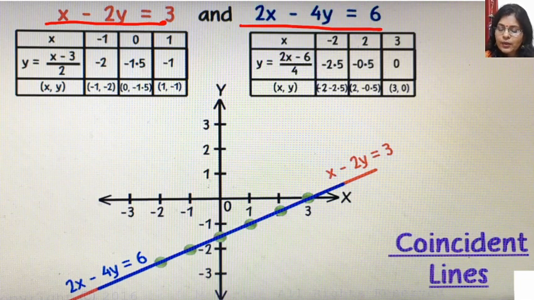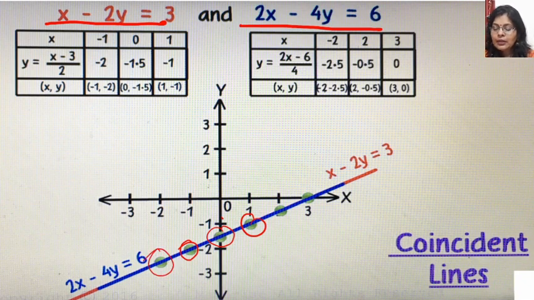So minus 1 and minus 2 are these coordinates. 0 and minus 1.5, this is the coordinate. 1 and minus 1. 1 is here and minus 1 is here. And then minus 2 and minus 2.5. Minus 2 is here and minus 2.5 is here. This is our second line's coordinate.